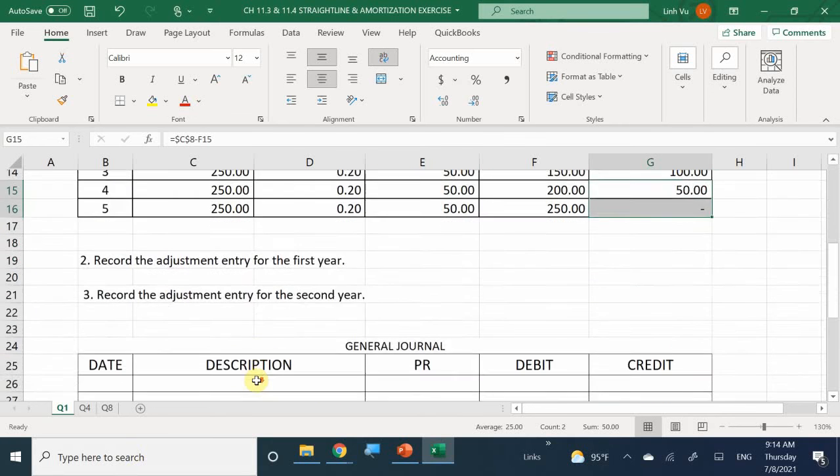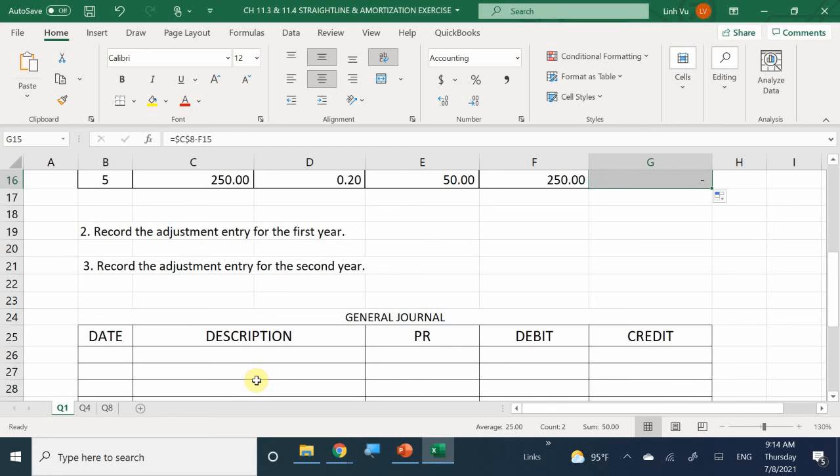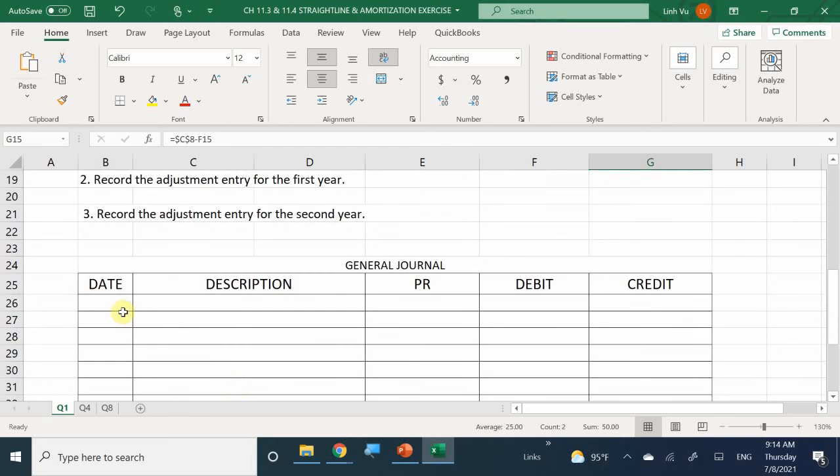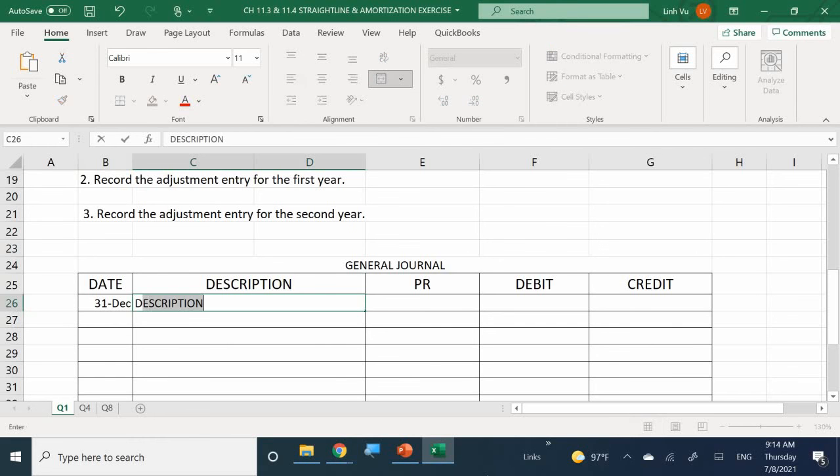The next 2 questions are to journalize this transaction. So what should my journal look like for the first year? Depreciation expense and accumulated depreciation.